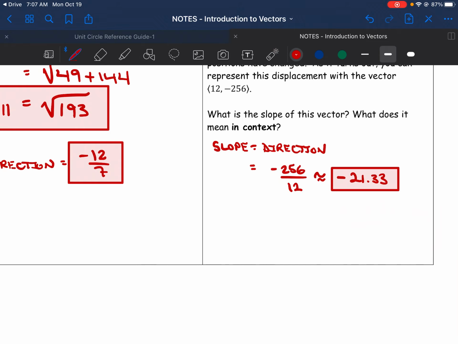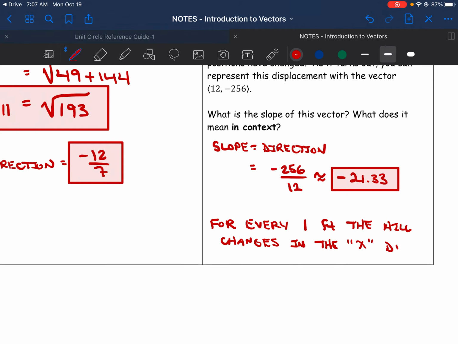So what this is really representing is that for every 1 foot the hill changes in the x direction, it goes down 21.33 feet in the y direction.